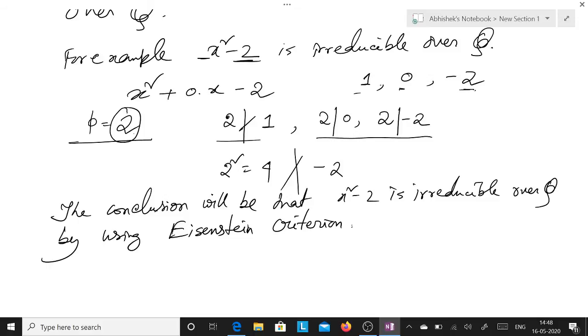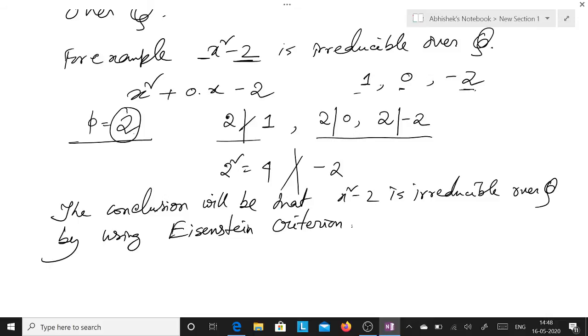Now I shall stop this lecture here, because in the next live session I will talk about more examples to show how to deal with problems using this Eisenstein criteria and the corollary that we have already discussed for two examples.